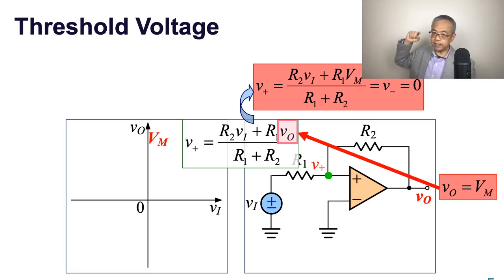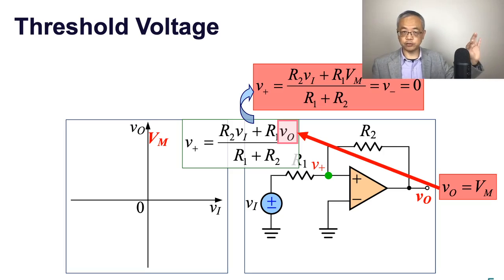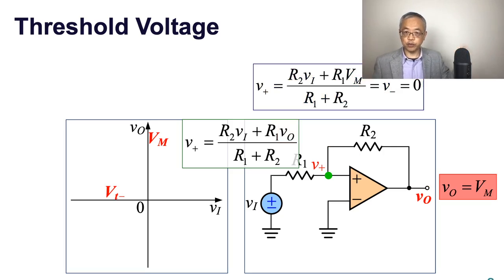And when you replace VO with the red state output, then the corresponding VI will tell you the first threshold voltage, which is the red threshold voltage, and it's a negative value.